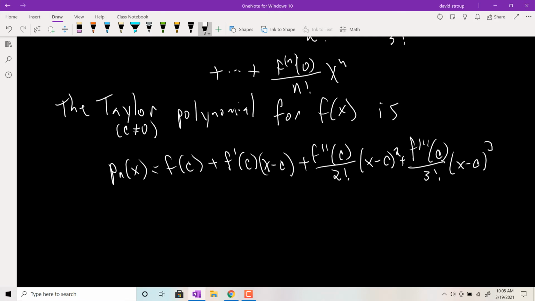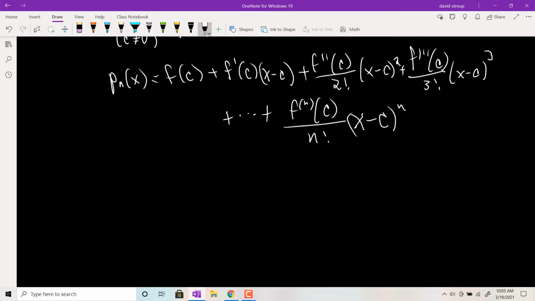And then, of course, all the way up to f n, the nth derivative of f evaluated at c all over n factorial times x minus c to the nth power. Okay? We're always going to have also these summation notation versions, which I encourage you to use, but I'm going to leave it at this for now.